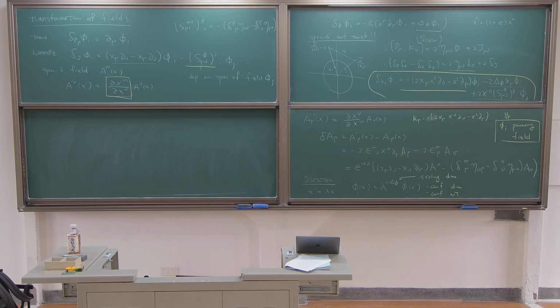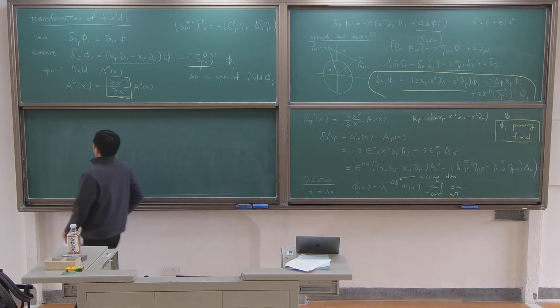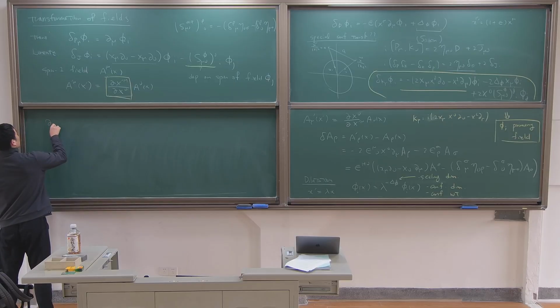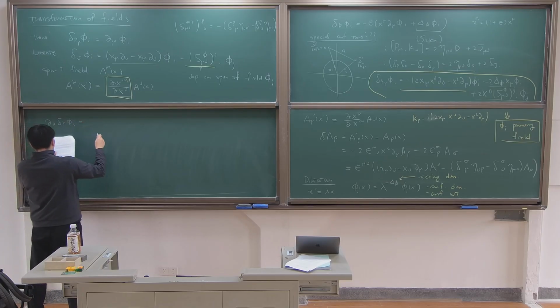That's the primary field we will get. That is one way to define a primary field. And if you act with a derivative on this phi I, then what you get is as follows.